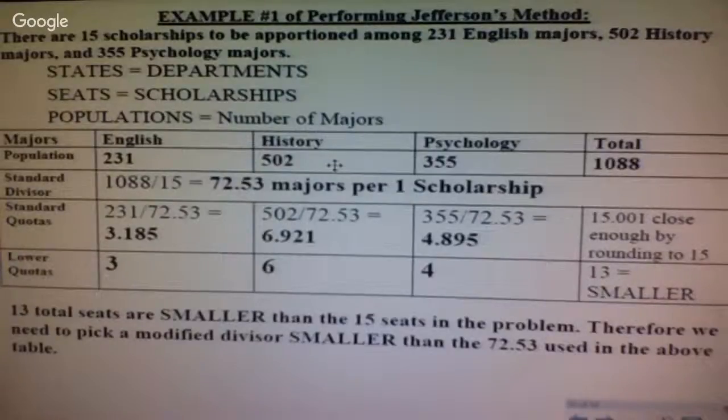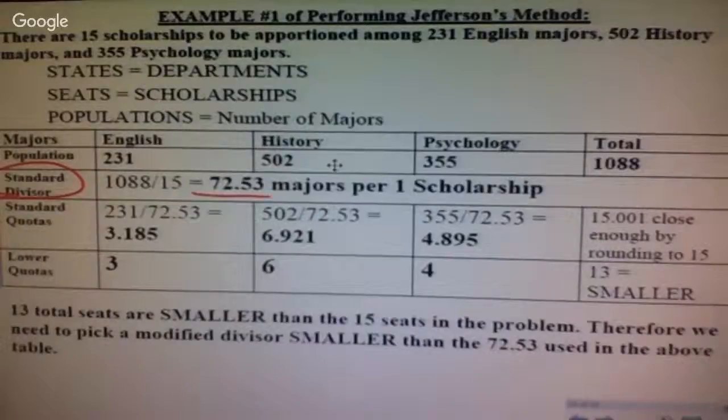Everybody's first step, no matter what method you're doing, never changes. Your standard divisor will never, ever change. So I get a grand total, we divide by the 15 scholarships, and that gives me a standard divisor of 72.53.